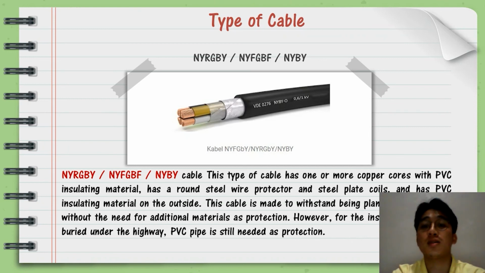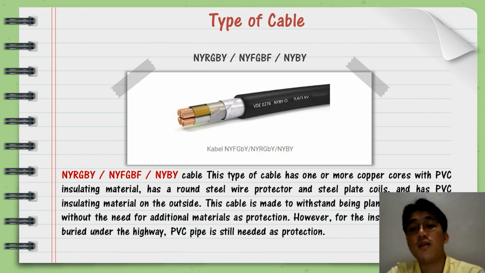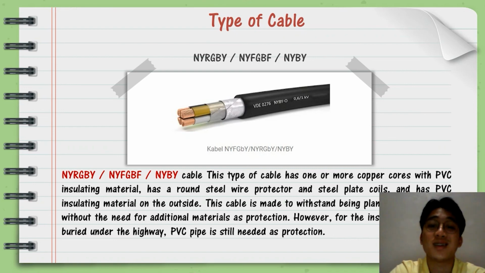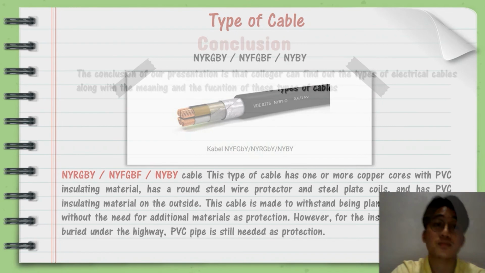This cable is made to withstand being planted in the ground without the need for additional materials as protection. However, for the installation of cable buried under the highway, PVC pipe is still needed as protection.